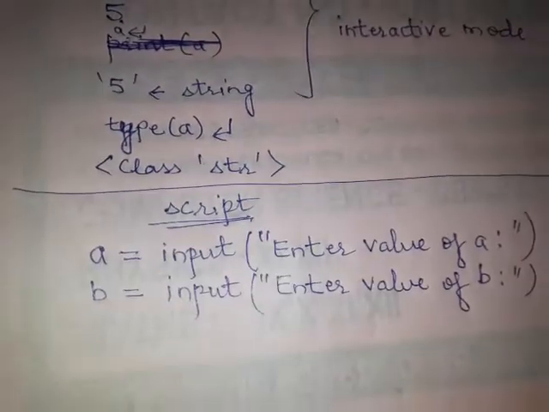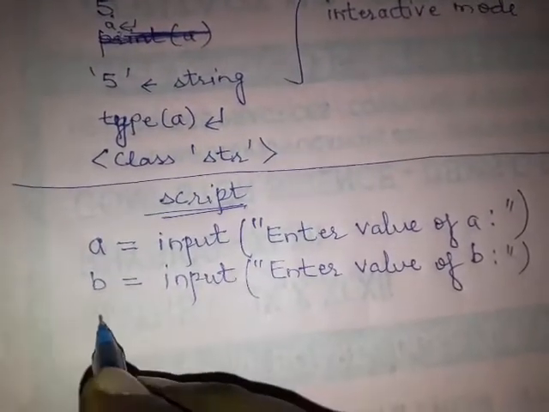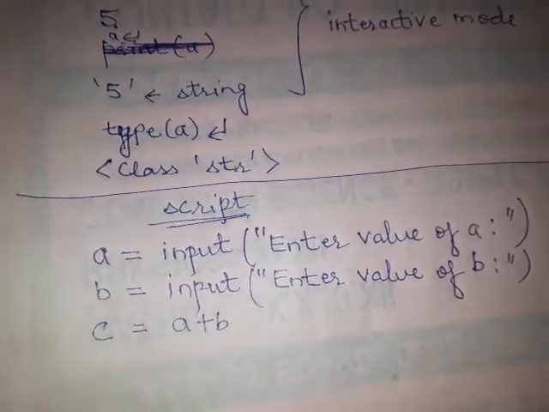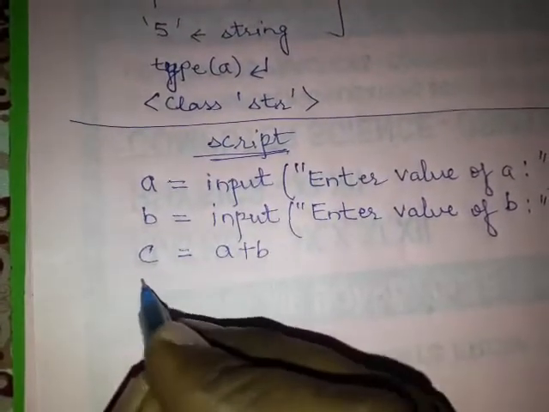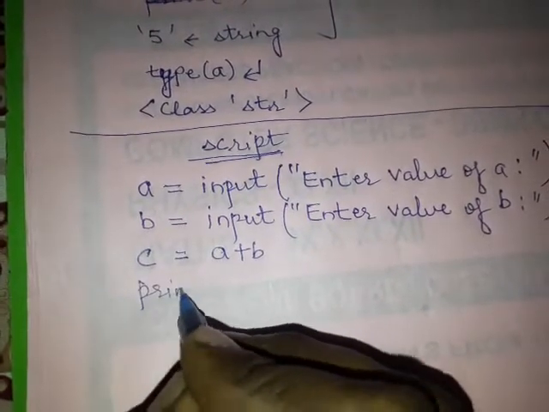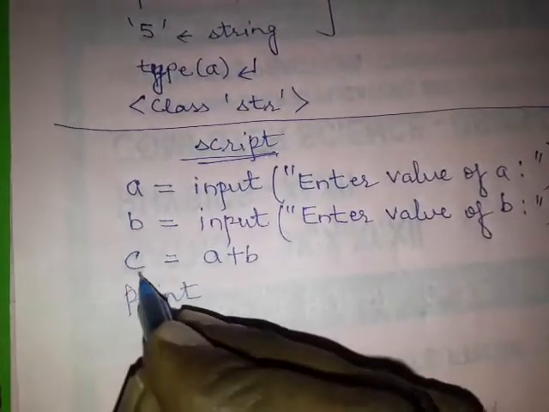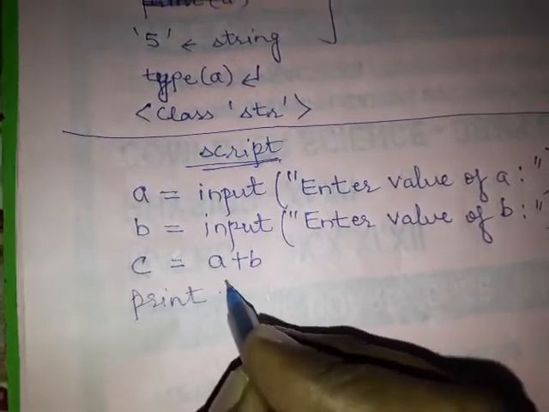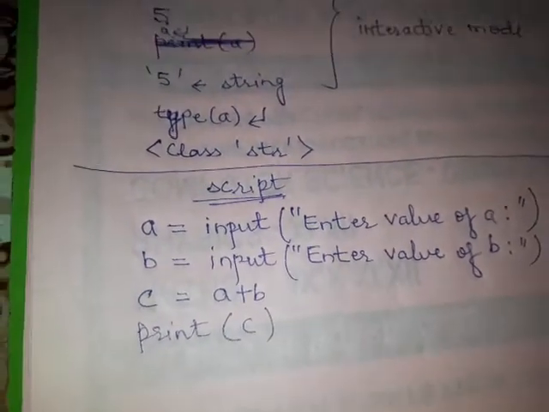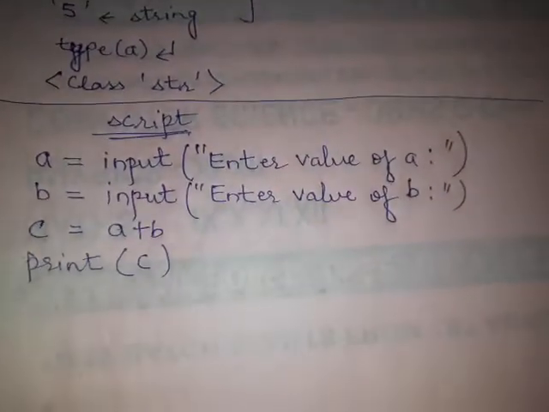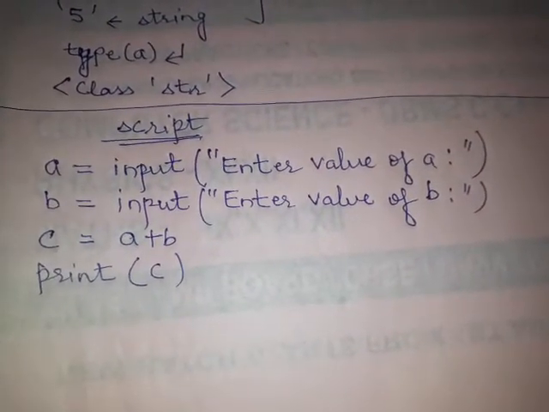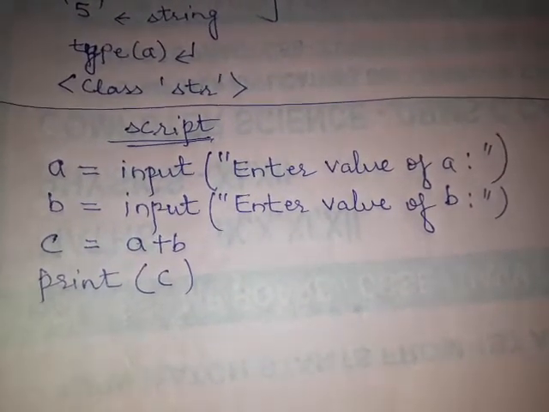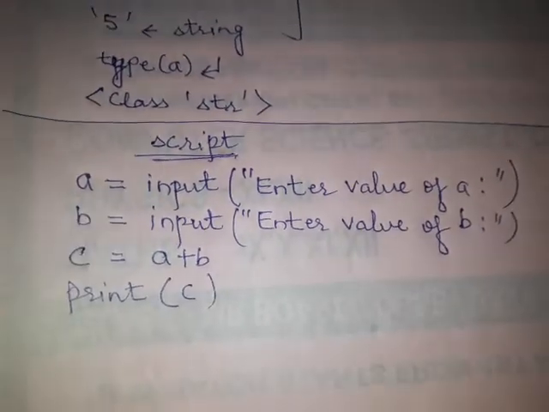Now I am using a third variable c equals a plus b, and after this I will print the value of c. Simply write c. So write all these 4 lines in script mode, save the program and run it.